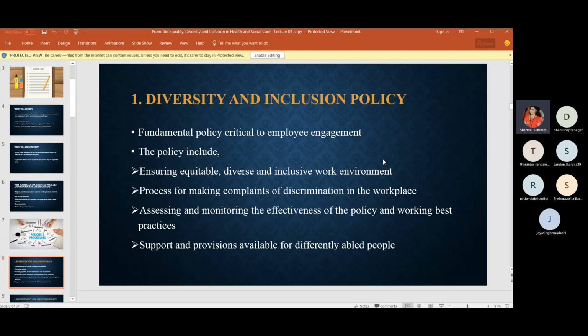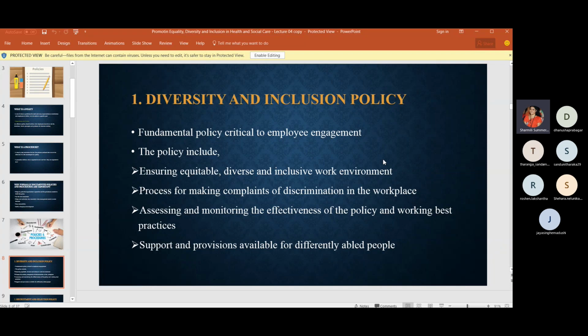According to this policy, each and every individual working in a particular working environment should be treated equally and their diversity should be respected. That means we need to treat them as unique persons, and by considering their uniqueness, include them as one group. So this policy should ensure an equitable, diverse and inclusive work environment.